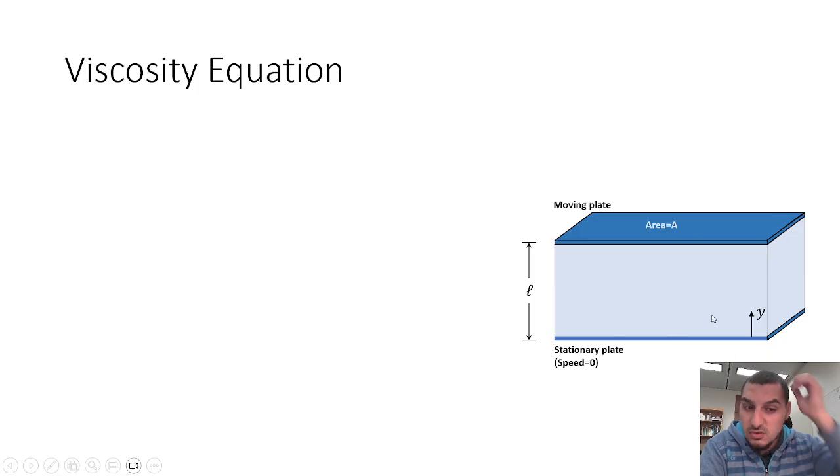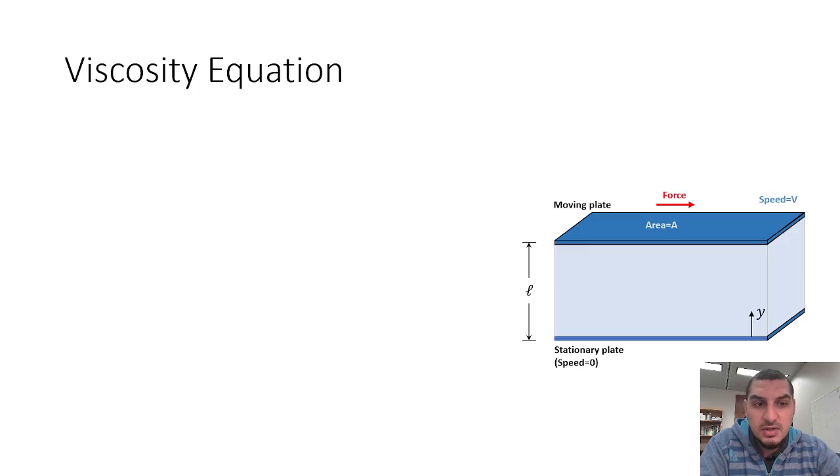The space between the two plates is filled with fluid, the spacing is L, and the area of the plate is A. The bottom plate is stationary, with zero velocity, and a shear force is applied on the top plate, so it's being moved in the horizontal direction with a speed v.